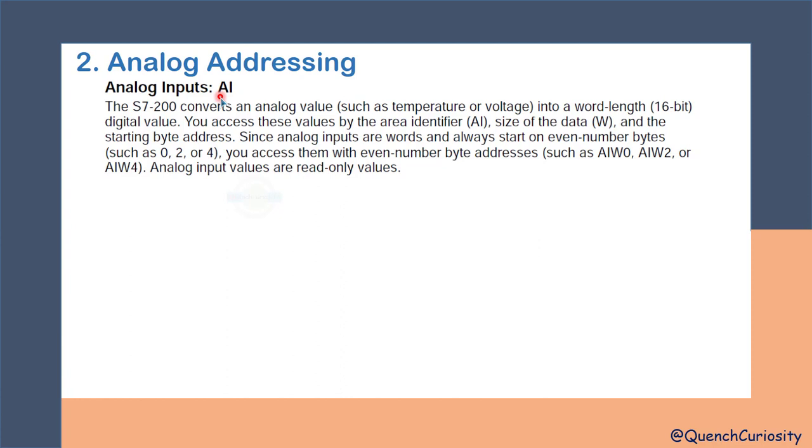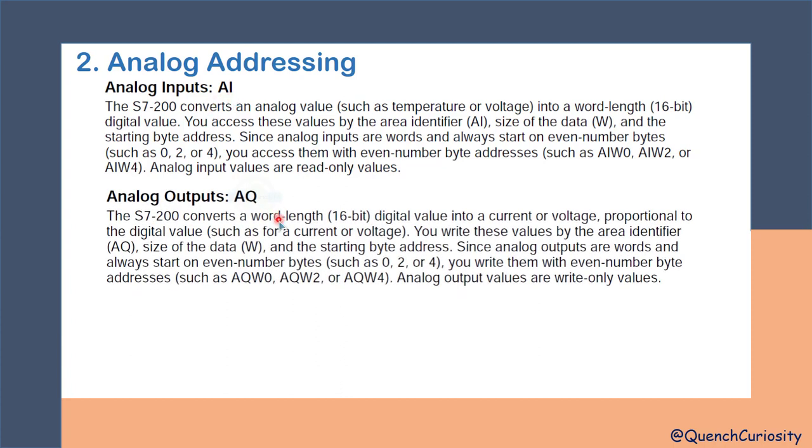And as we discussed in digital addressing, there are inputs and outputs. So here also we have the input that we have discussed, which is AI, and the output is AQ. AQ is also similar to my analog input. The only difference is the addressing file letters.